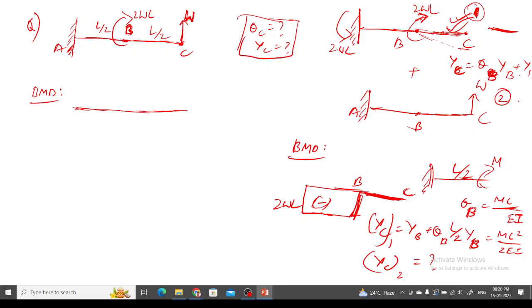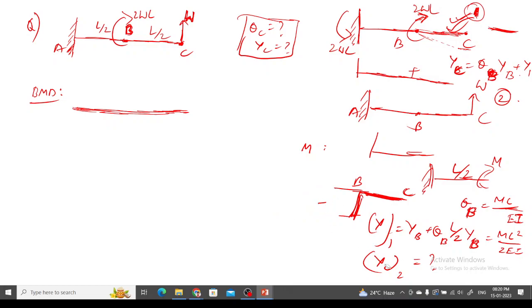You have drawn the moment area for this separately, and then for this separately. Fine. But in this single thing itself, you can also draw, since we can easily draw the bending moment diagram for this kind of problem.